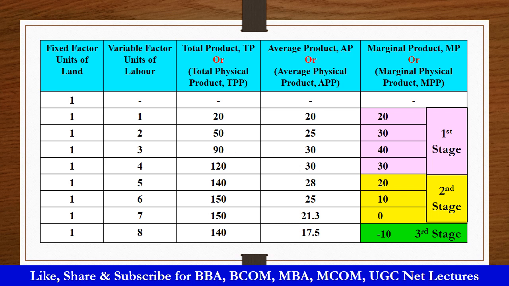So when the marginal product increases, that stage is known as the first stage, and then in the second stage the marginal product starts decreasing and becomes zero, and finally at the third stage the marginal product becomes negative and the average product starts decreasing, but it is always greater than zero.